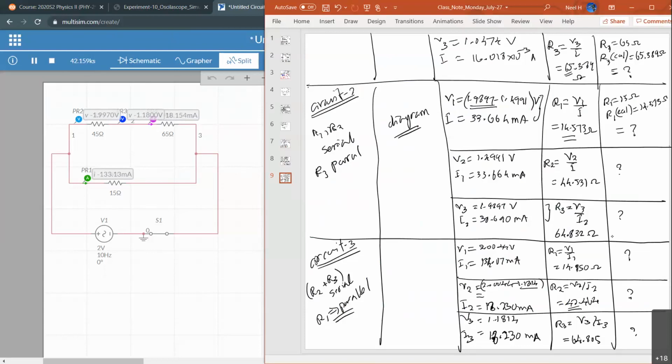I'm getting 45.14. It's a very good accuracy now. Sorry, not that one, this one, the second one, R2. So now I am getting 45.145. The expected value is 45, so we are really within the margin of error now. Okay, so that's the idea.